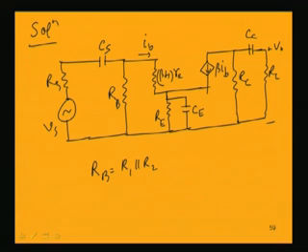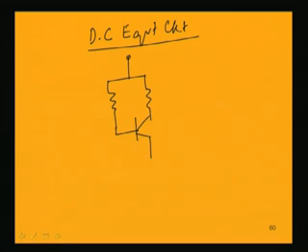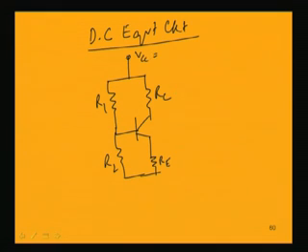Now, in order to know this RE, as we have already seen, we have to find the DC equivalent circuit, and from that we can find small r small e. The DC equivalent circuit has resistances R1 and R2, RE, RC, VCC equal to 20 volt, R1 equal to 40 K.